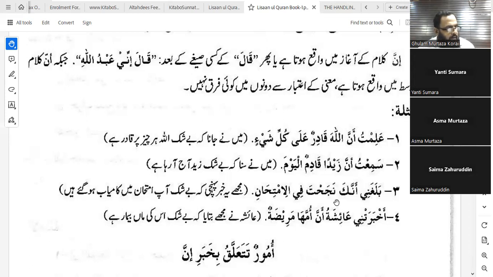Yes, that becomes mafa'il if more than one maf'ul. So these verbs are known as what? Transitive. It needs an object.